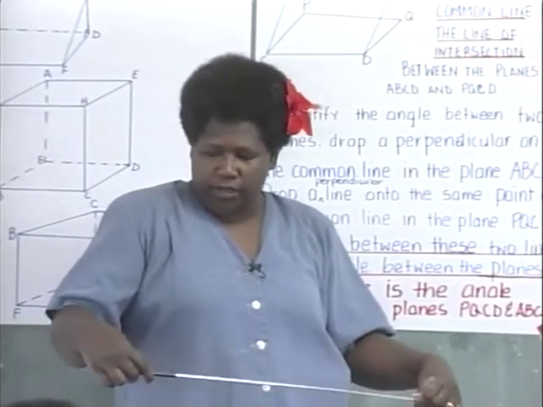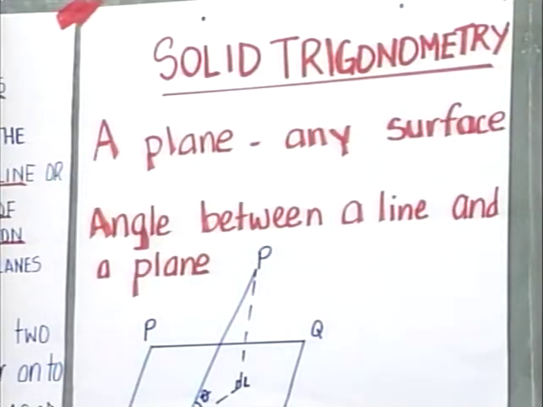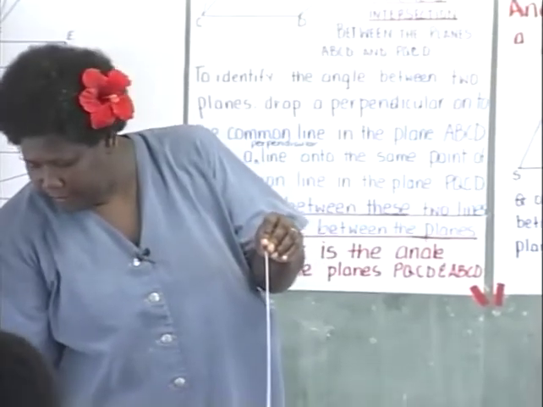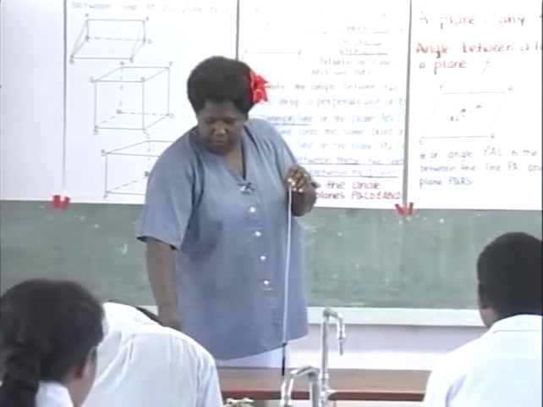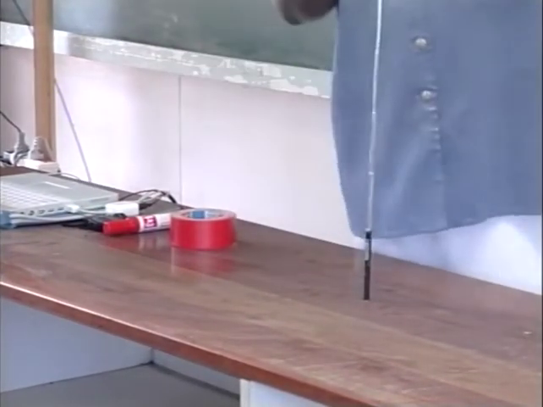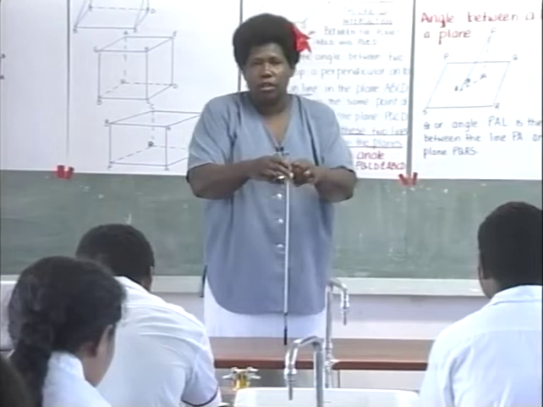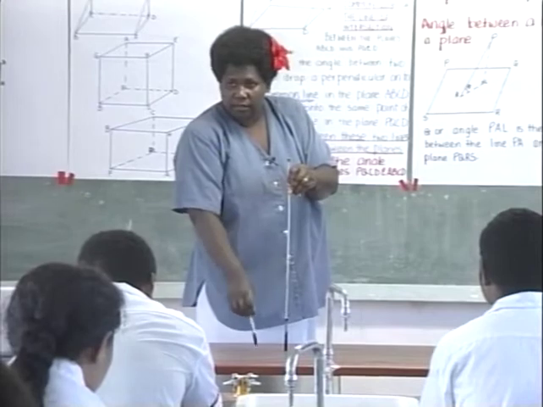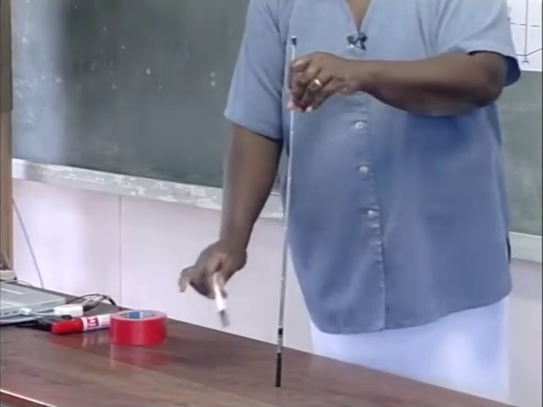Another thing I'd like to explain before we go into this: if there is a plane, a surface, and then there is a vertical line on the surface, and if I draw a line from here to any point on the surface of the table, the angle this vertical line makes with any line drawn on the surface is always a right angle.